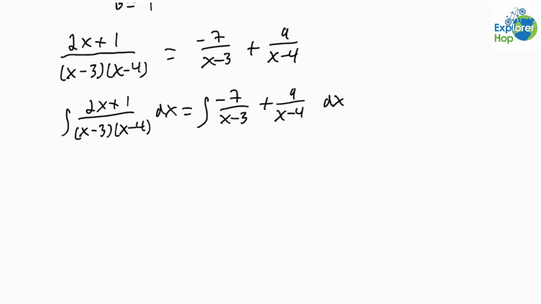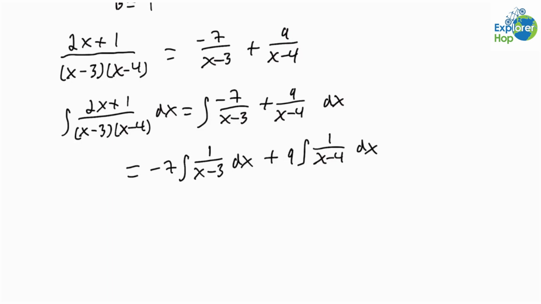And applying the sum/difference rule and constant multiple rule, we get that this is equal to negative 7 times the integral of 1 over x minus 3 plus 9 times the integral of 1 over x minus 4. Now we apply the method of substitution to each integral.